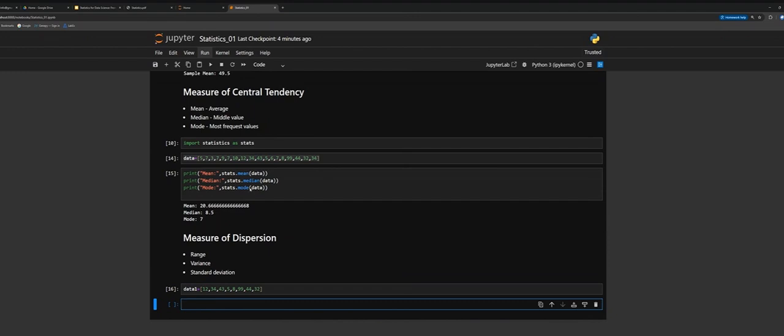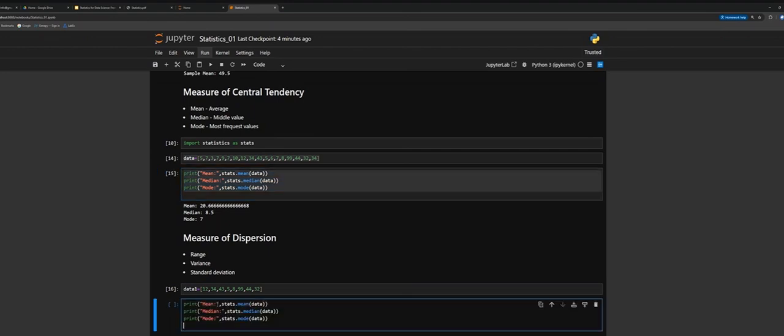Now I'll print. Again, I'll take the same thing. First one is range, second one is variance, third one is standard deviation. Here I have to change it to stats.